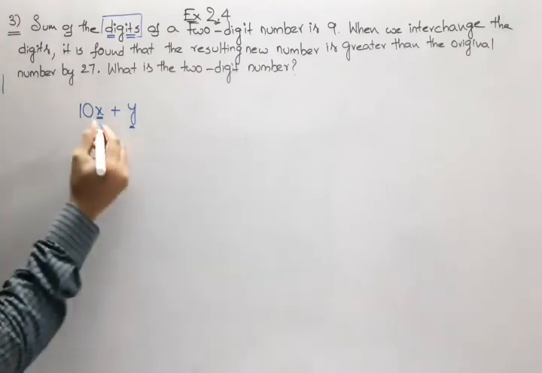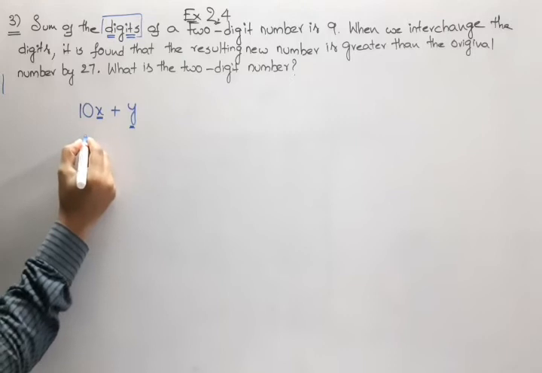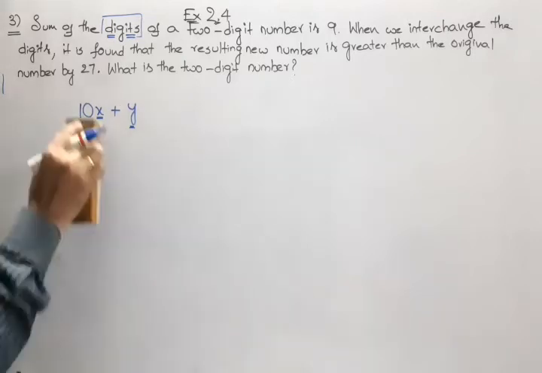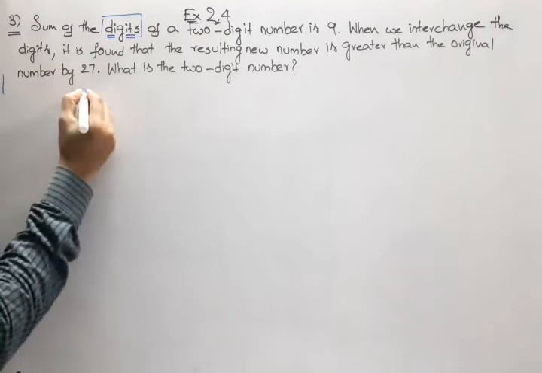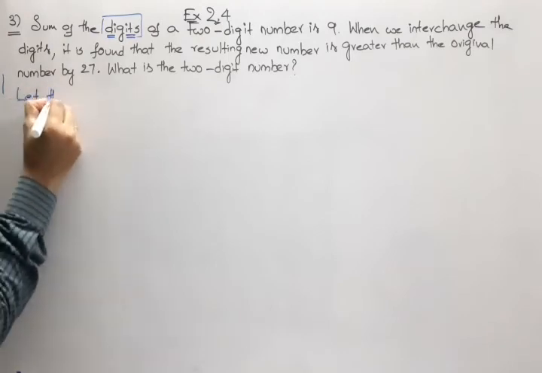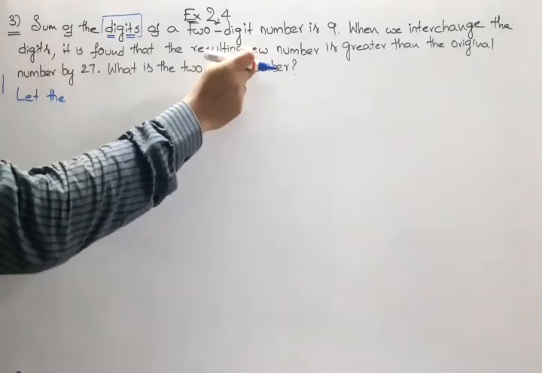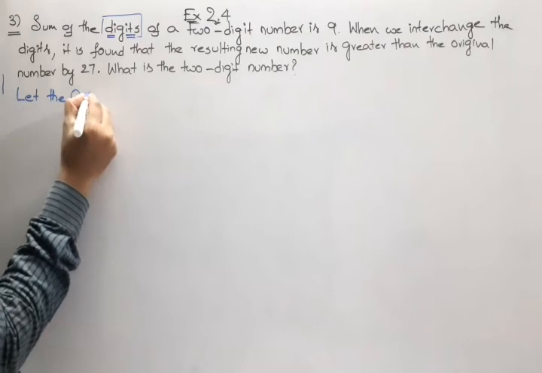Now look, 10x plus y, they give the sum of the digits. Or else let us write it like this, so it will be easy for us. Let us take it as the original number.